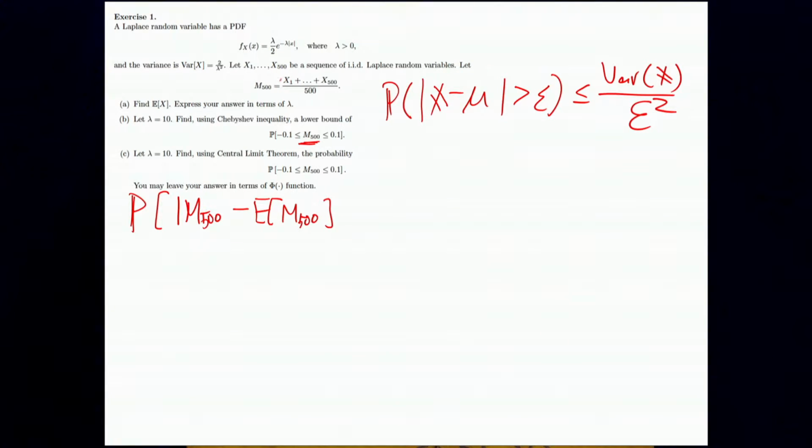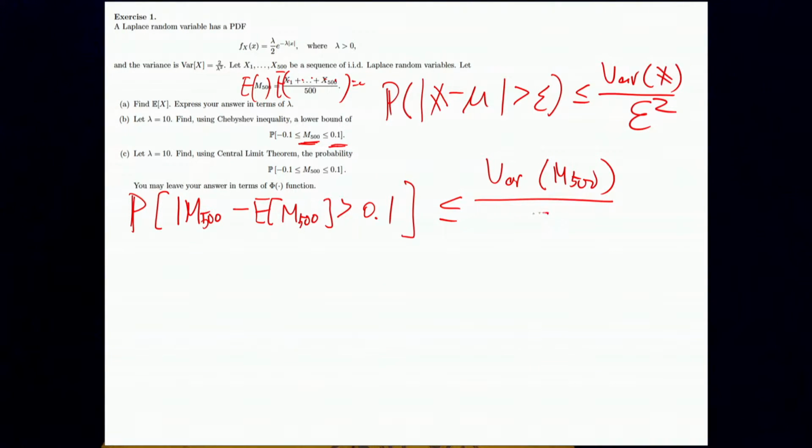If I put an expectation here and here, since each is 0, it's still 0. So now, greater than epsilon, we choose 0.1 because we have 0.1 here. So it should be less than the variance of M500 divided by epsilon squared.